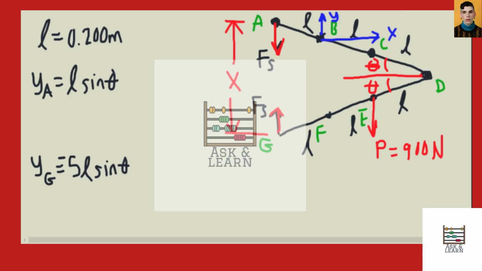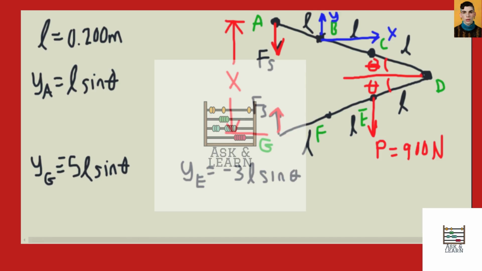And it's negative. Y of A is positive, Y of G is negative. I'm also going to need Y of E, which is 1, 2, 3, negative 3 L's sine theta.